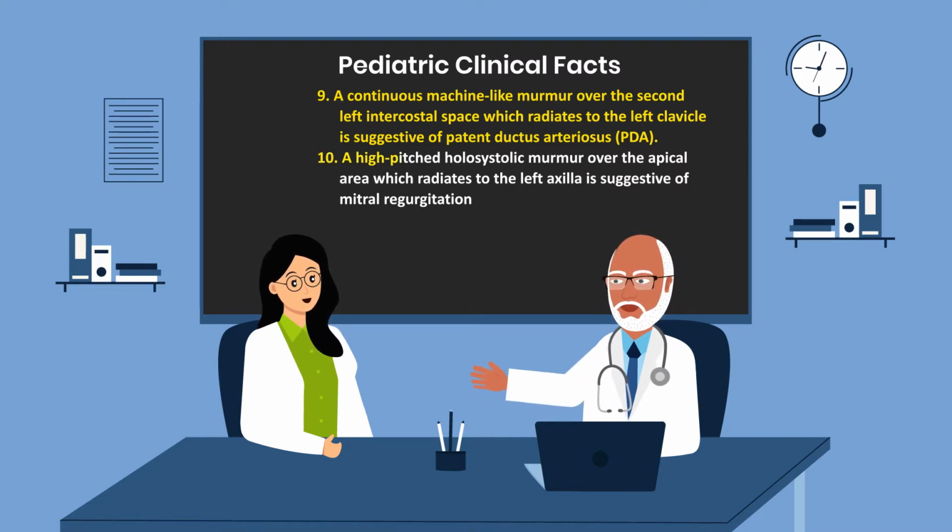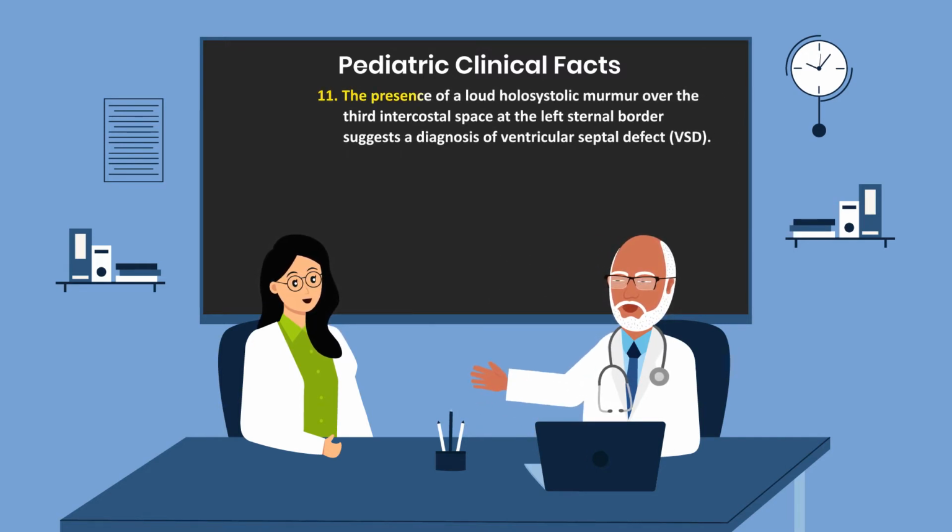A high-pitched holosystolic murmur over the apical area, which radiates to the left axilla, is suggestive of mitral regurgitation. The presence of a loud holosystolic murmur over the third intercostal space at the left sternal border suggests a diagnosis of ventricular septal defect.